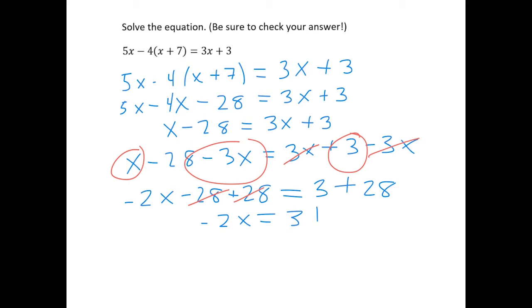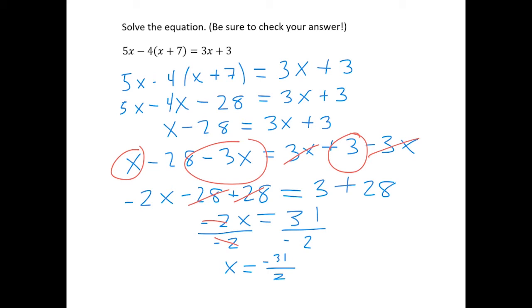So we're almost finished. To get the x by itself, we'll just have to divide both sides by negative 2. The negative 2 and the negative 2 will divide out to give 1. So all that's going to be left is x equals negative 31 over 2.